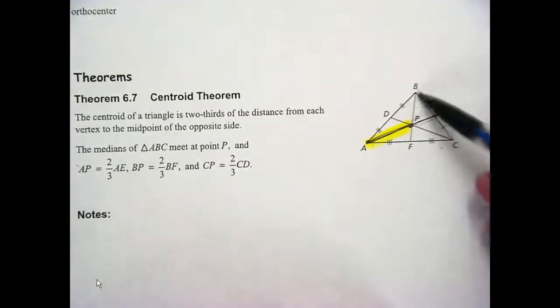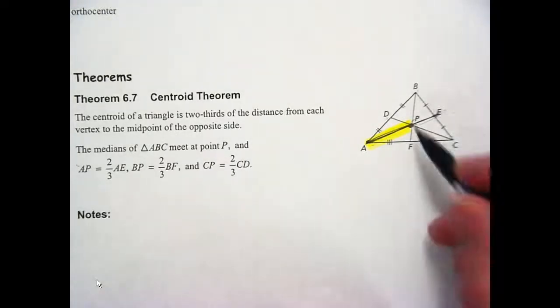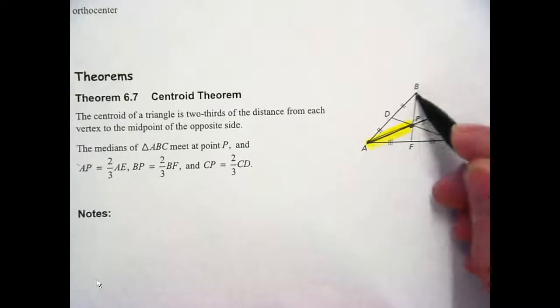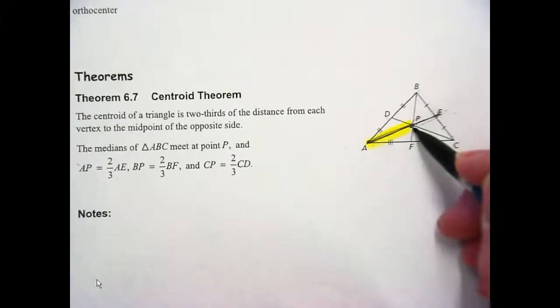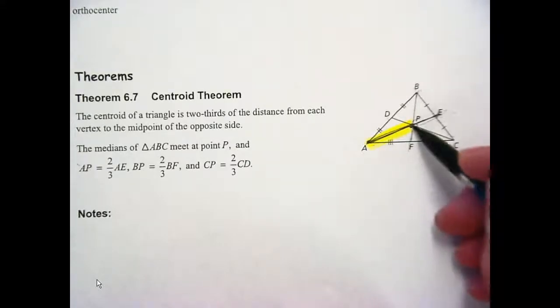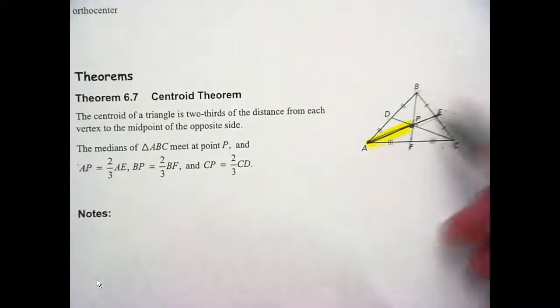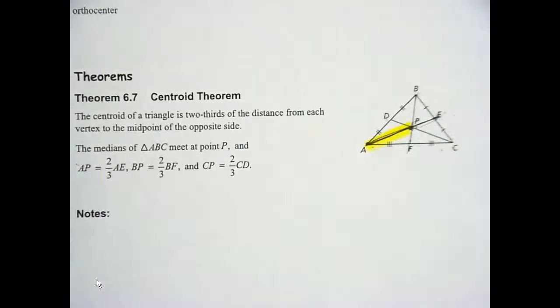And that's true for any of our medians. From the angle to the centroid, that is a length of 2/3 of the entire length of the median. And from the centroid to the side, that's a length of 1/3 of the entire median. So that's a property of a median. Remember, that's your center of gravity. That's where we're balancing that triangle.